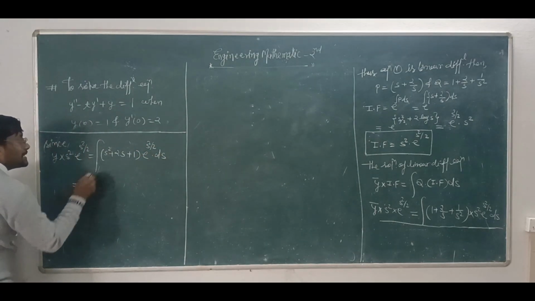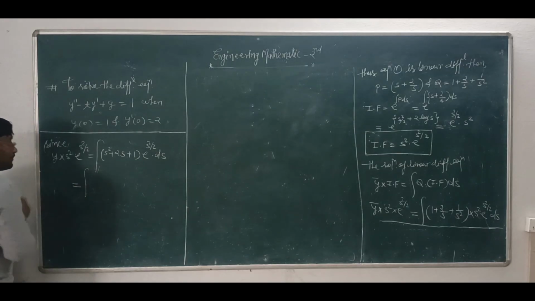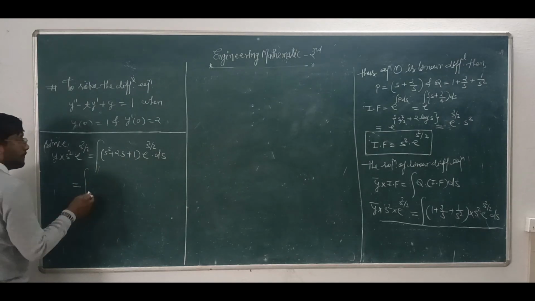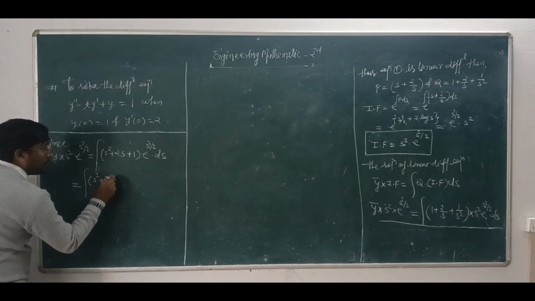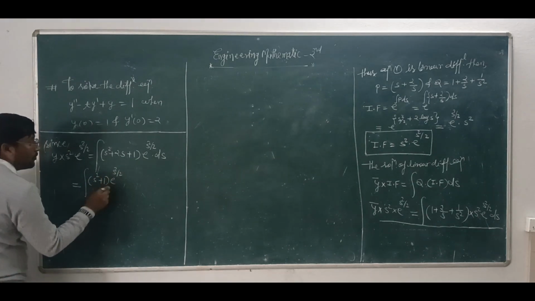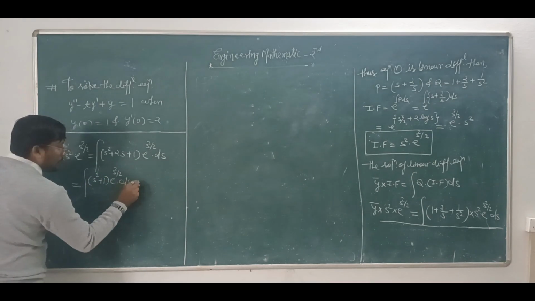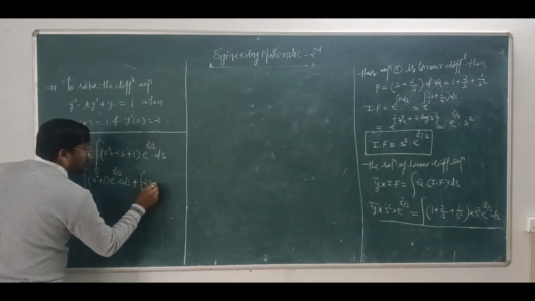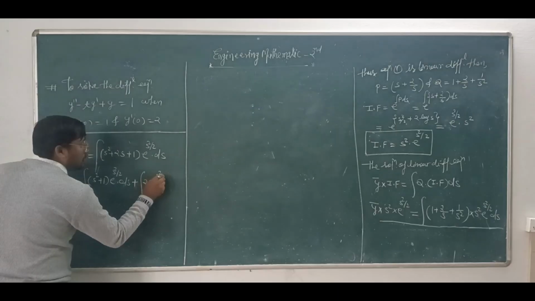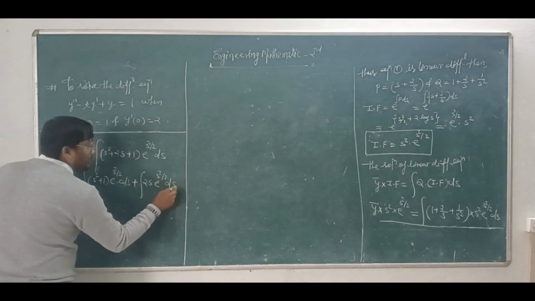Now solve this integral. First note down integration of s square plus 1 into e to the power s square by 2 into ds, plus integration of 2s e to the power s square by 2 into ds.